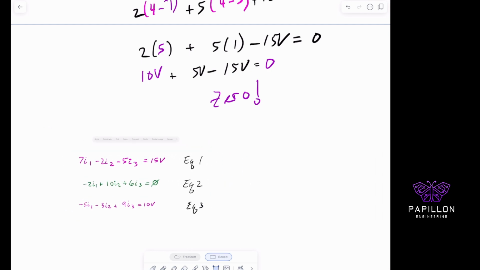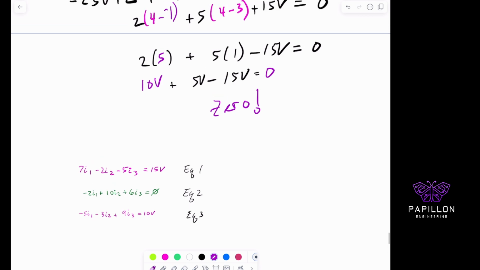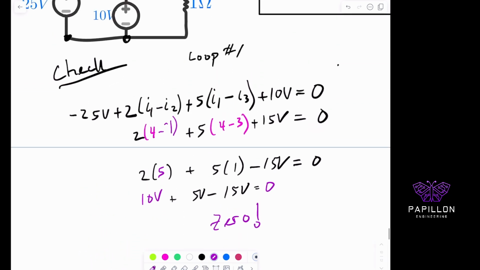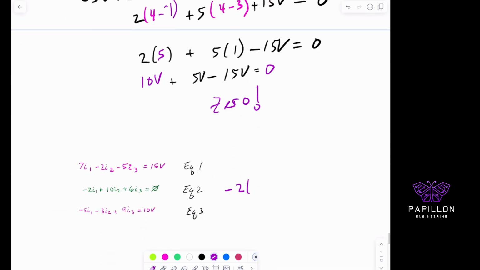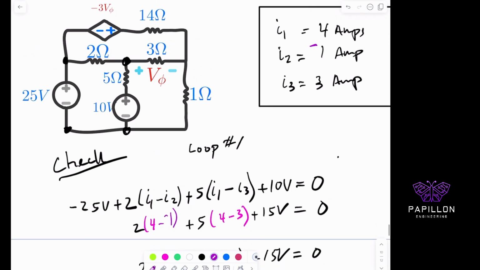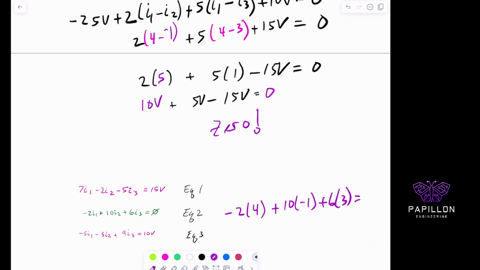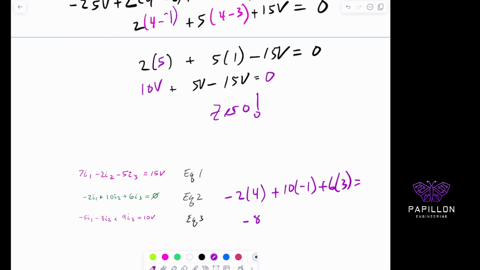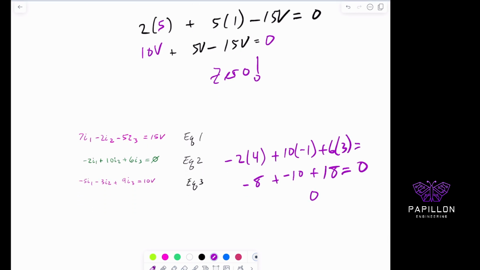When you have the loop 2 equation, it should also work. So it's minus 2 times 4, and this one's plus 10 times minus 1, right? Plus 6 times 3 amps, right? Equals, so let's see, minus 8 plus minus 10 plus positive 18 equals 0 as well. So we get back 0 equals 0.